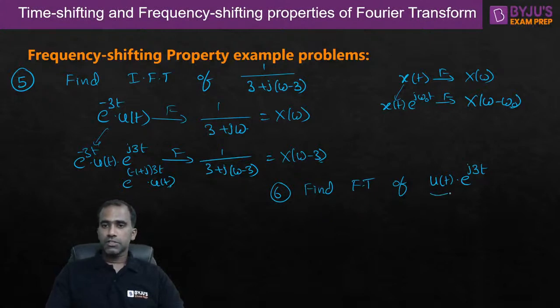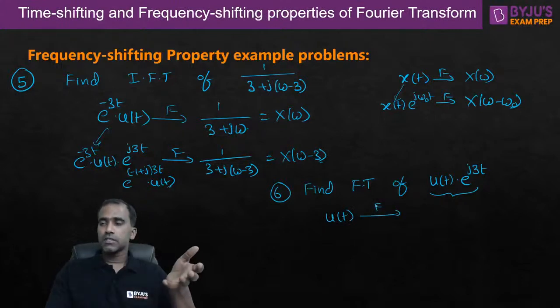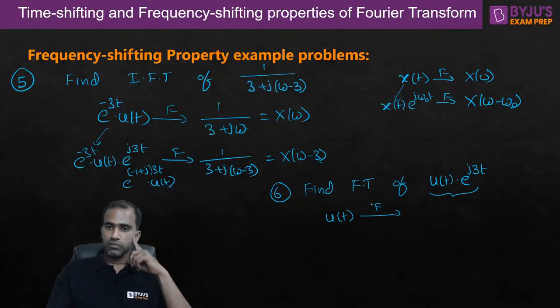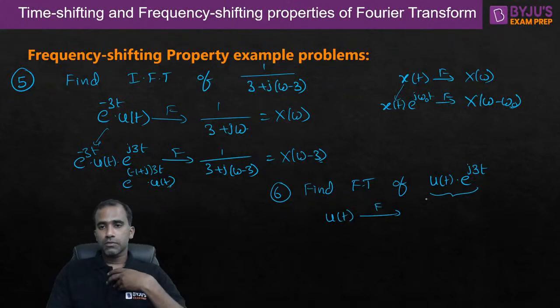So what is the basic function inside this? We know u of t very well. What I mean by basic function is the function for which we know the Fourier or inverse Fourier transform. Look for that function inside the complicated function. Pick that function, write the Fourier transform of it.